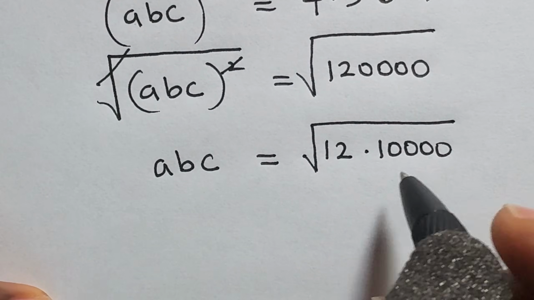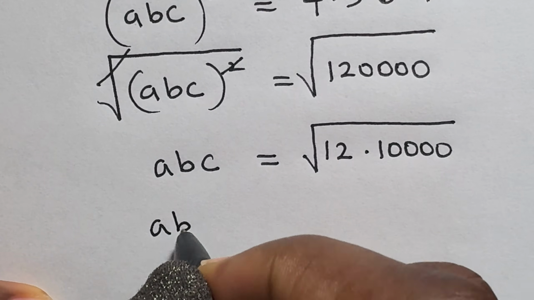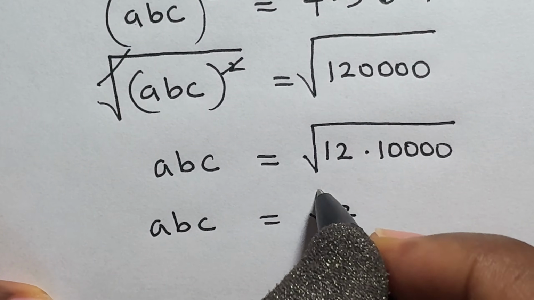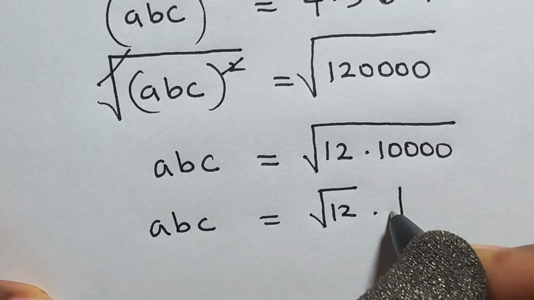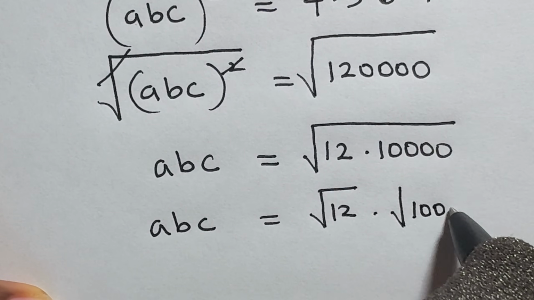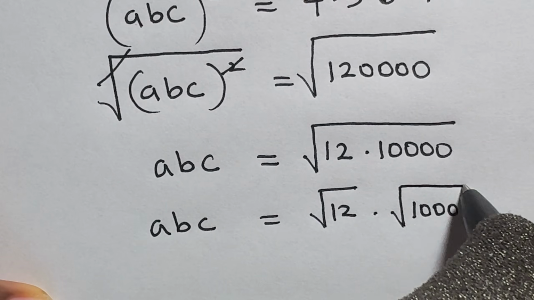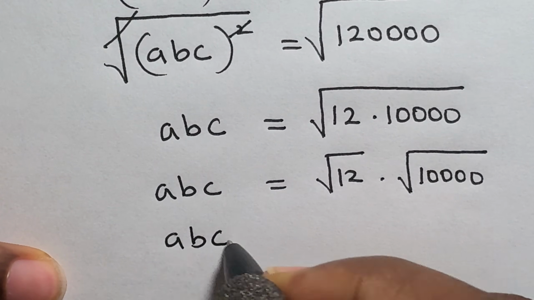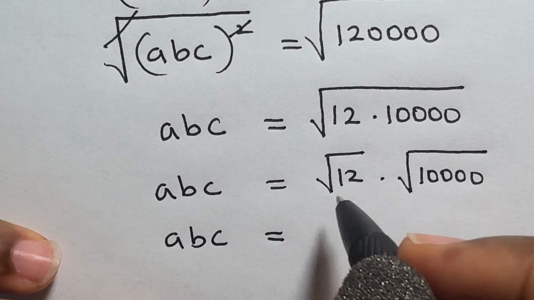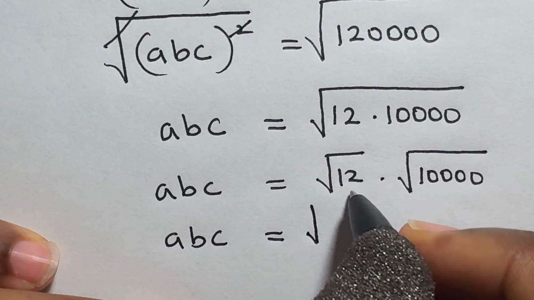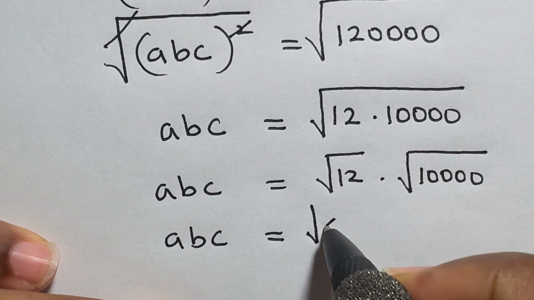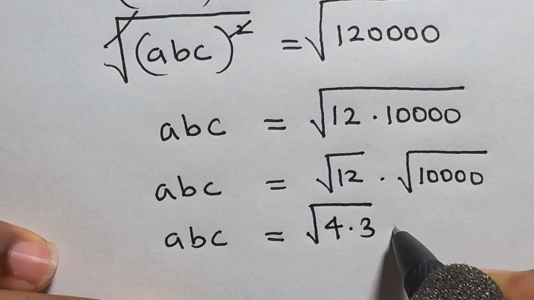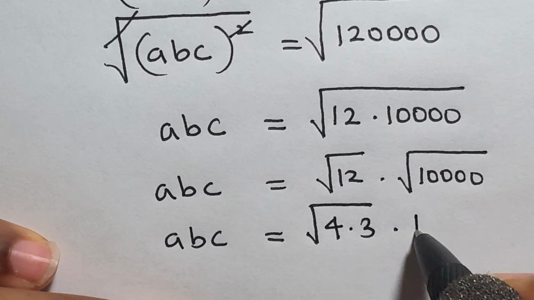So when we separate this radical, we have ABC is equal to square root of 12 times square root of 10,000. This will give us ABC is equal to square root of 12, which can still be broken down into 4 times 3, then times 100.